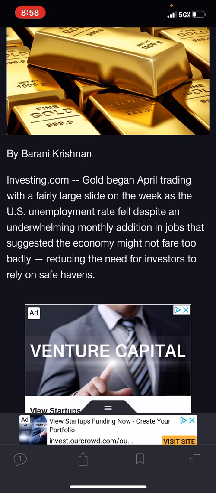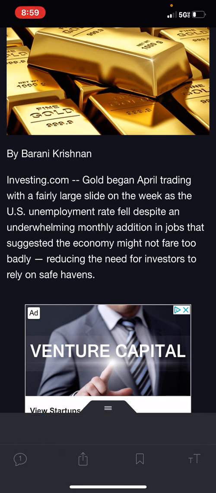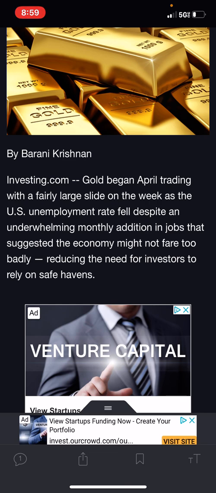So we did have a drop in unemployment, and you have to understand the way gold works is inverse to the US dollar. Anytime the US dollar starts to gain strength, gold gets weak. Anytime the US dollar gets weak, gold gets strong. Every time gold is weak, the US dollar is strong.